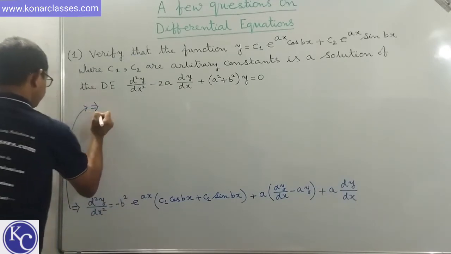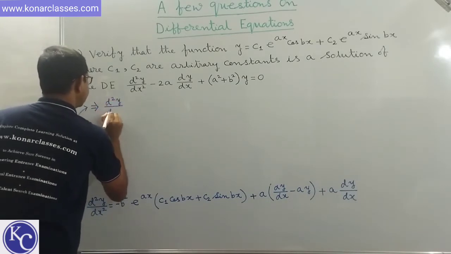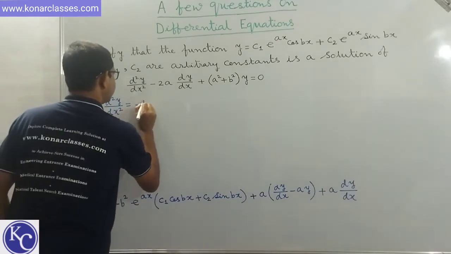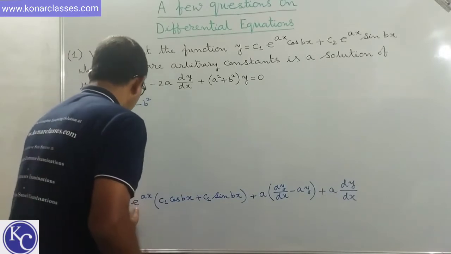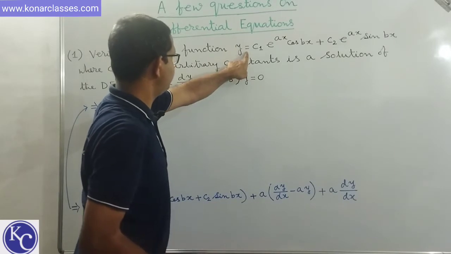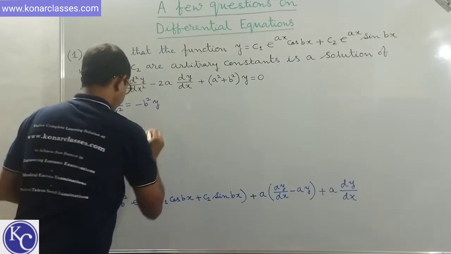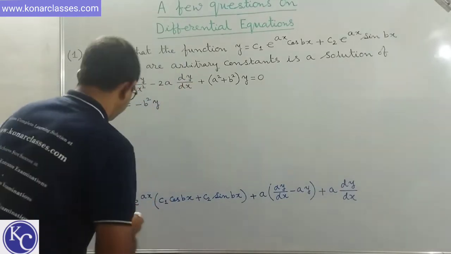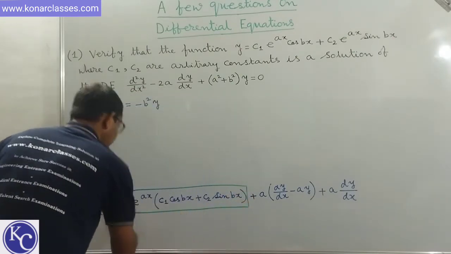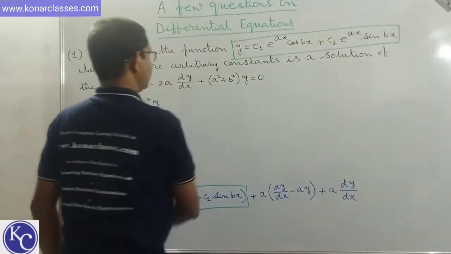So this implies what, dear students? d2y/dx2 is equal to minus b square into e power ax into (c1 cos bx plus c2 sin bx), which is nothing but y, correct? So what we can write here is minus b square into y. I repeat once more, dear students, I am talking about this entire expression: it is nothing but y, correct?